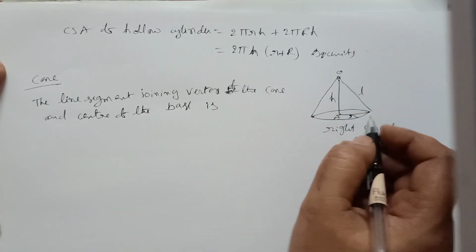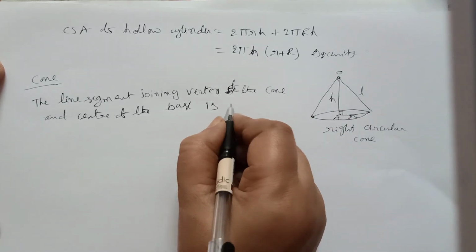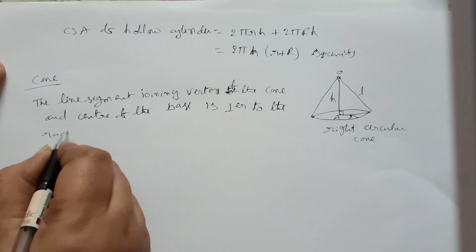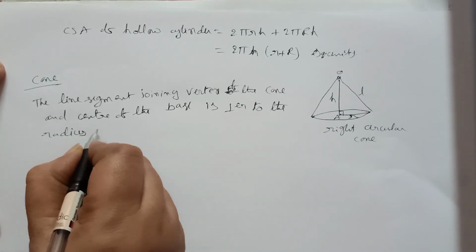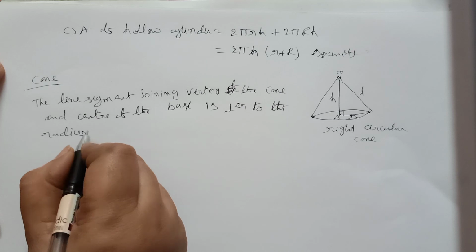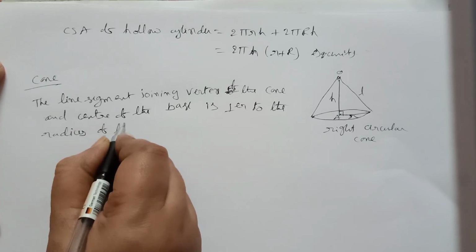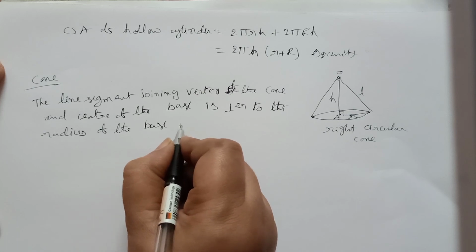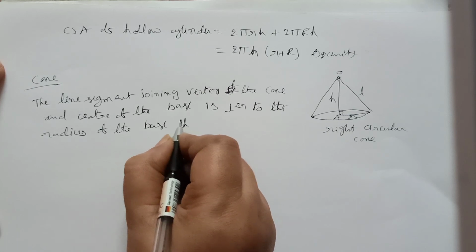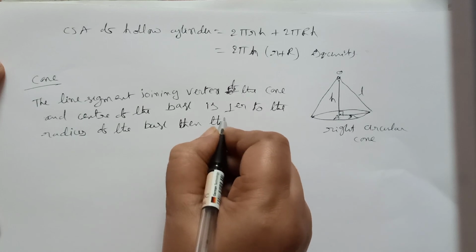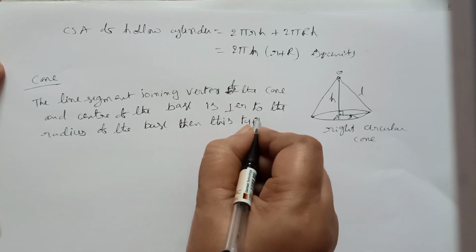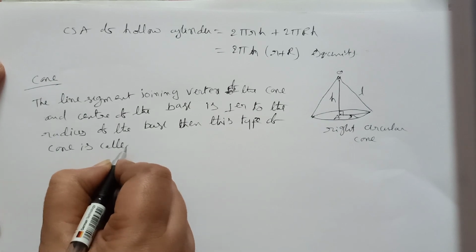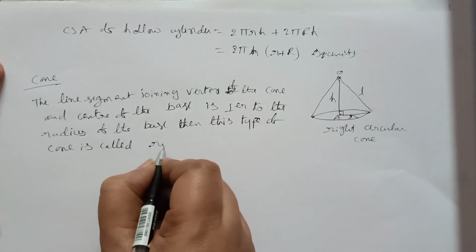So this line is perpendicular to the radius, this angle is 90. Then this type of cone is called a right circular cone.